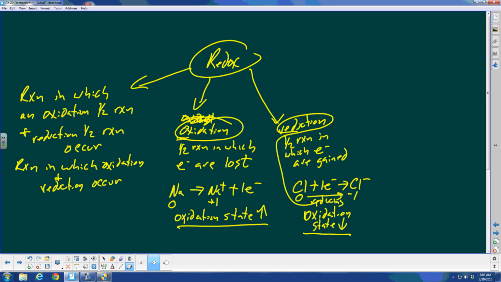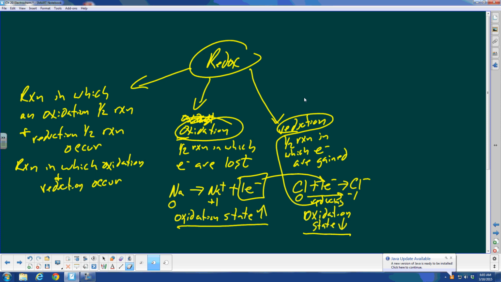What's important to remember is that these two must occur together. Where does this electron go? This electron goes over to the chlorine. The chlorine cannot reduce unless the sodium oxidizes, so I cannot have one of these half reactions occurring on its own. They've got to occur together.